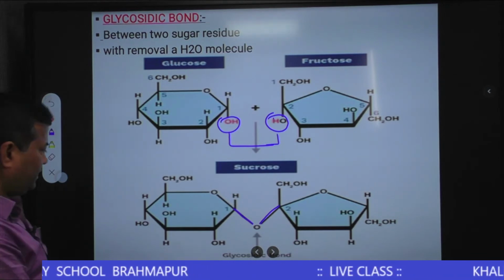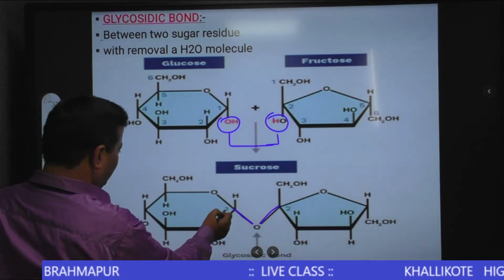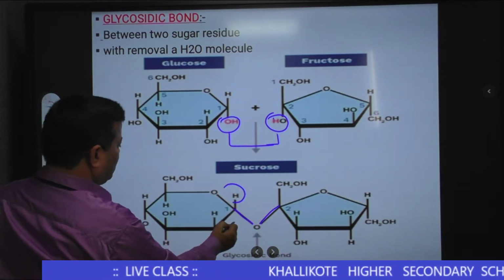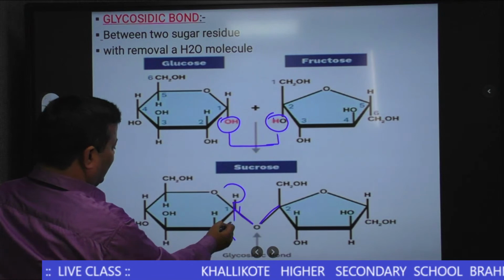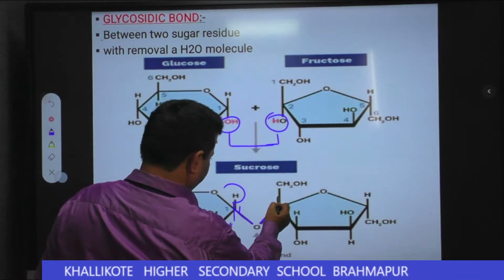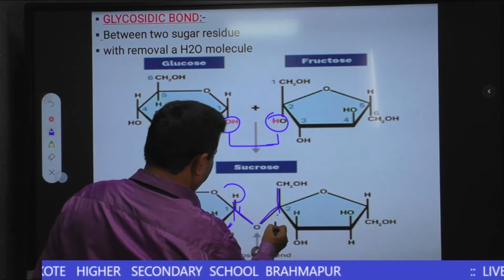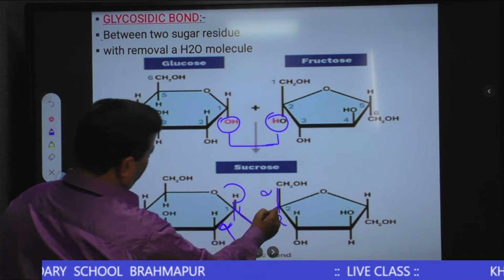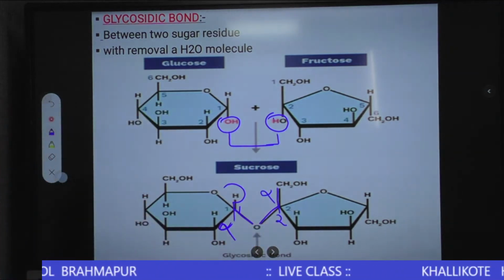But actually you can see that this is the alpha form of glucose. This is the first carbon atom, alpha form of glucose. Here this is the second carbon atom, this is also the alpha form of fructose.